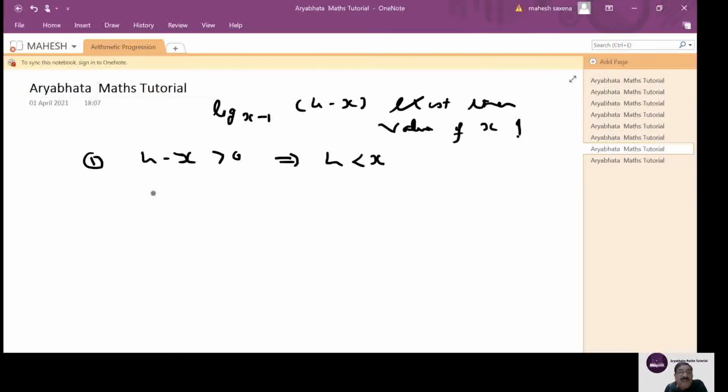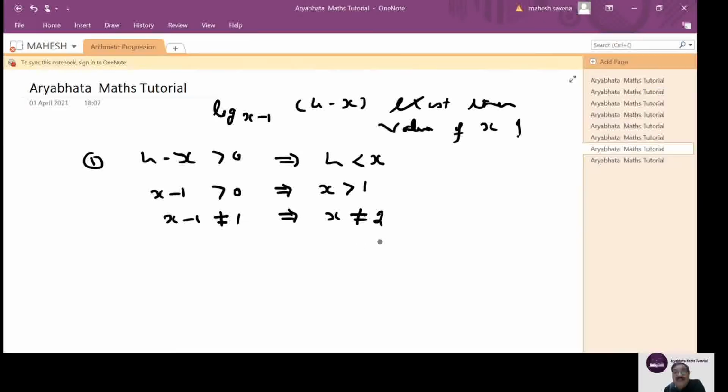Again, x minus 1 is greater than 0 implies that x is greater than 1. x minus 1 should not be 1 implies that x is not equal to 2. These are the conditions when log base x minus 1 of 4 minus x exists.